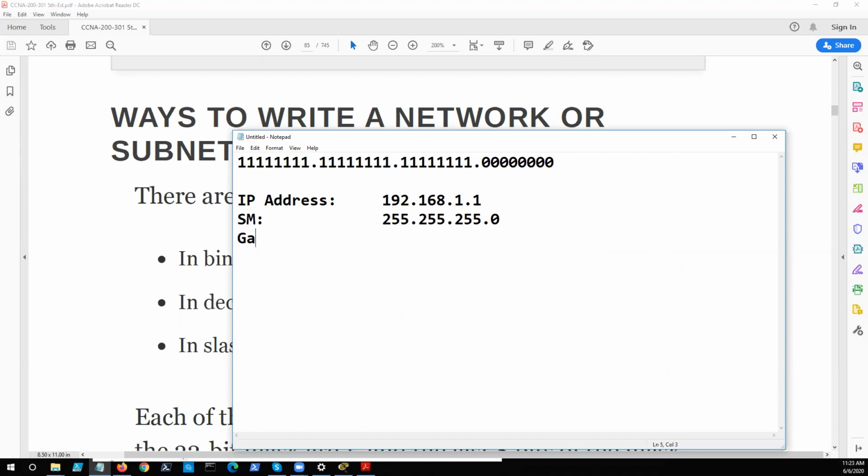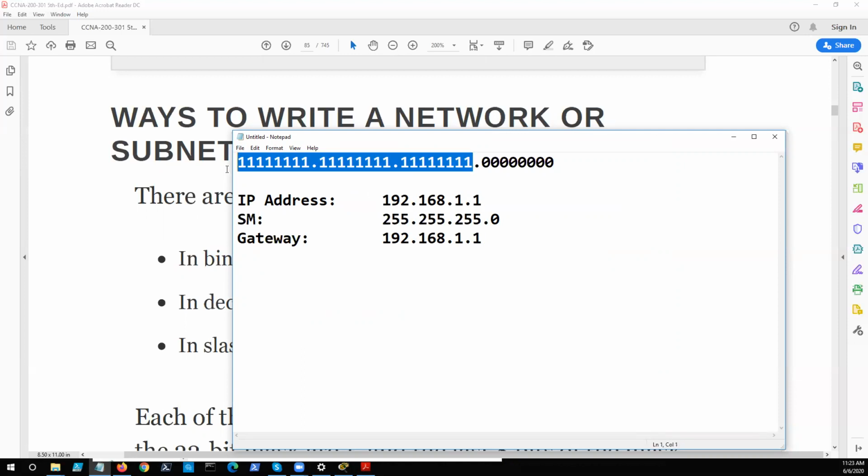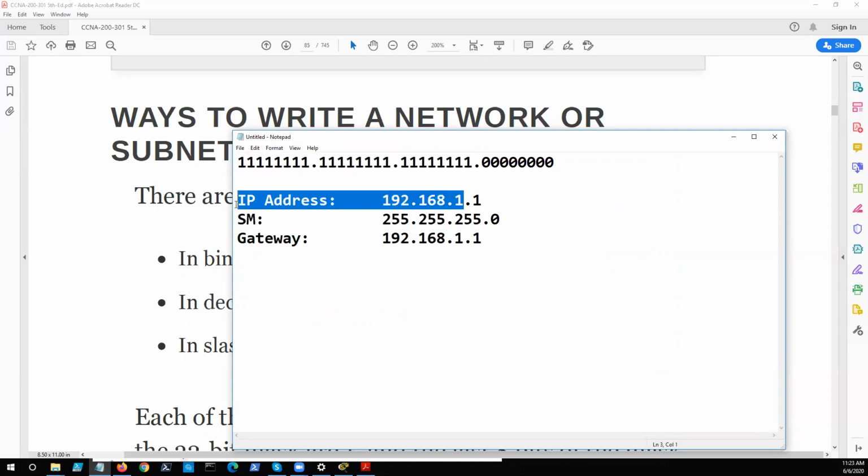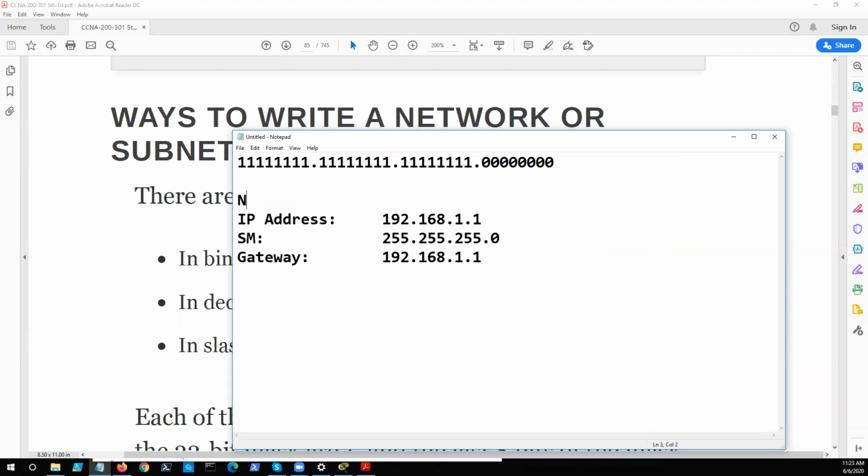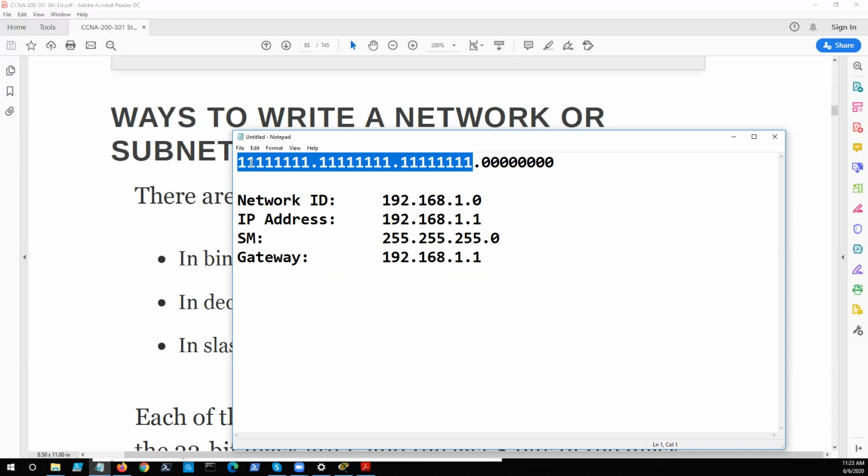Okay, tapos may gateway. Gateway always corresponds with the net ID. So, ano net ID dito? Ito yung net ID. If you're gonna convert this one, the net ID will be 192.168.1.0. Kasi it's being masked. Okay, yan net ID. So, paano naging net ID? Remember, network is 1. Okay?